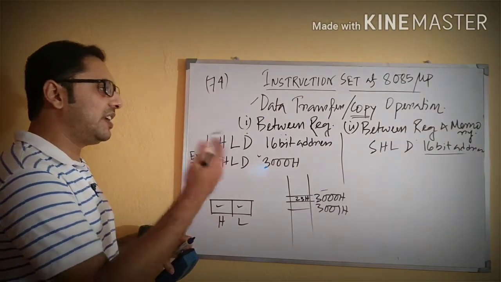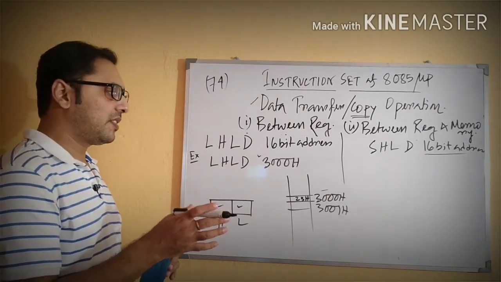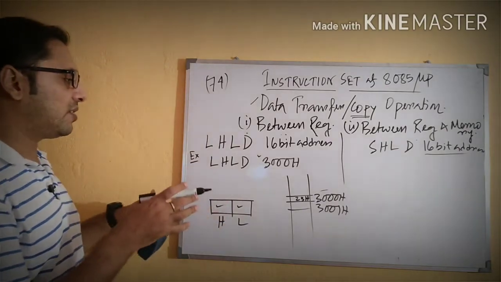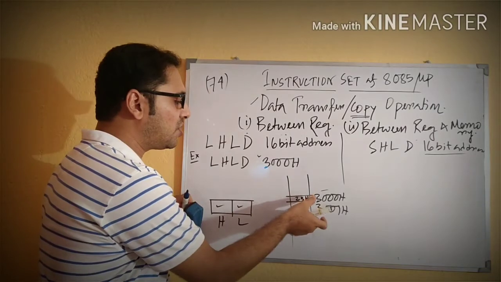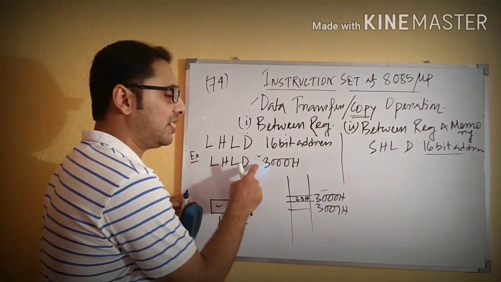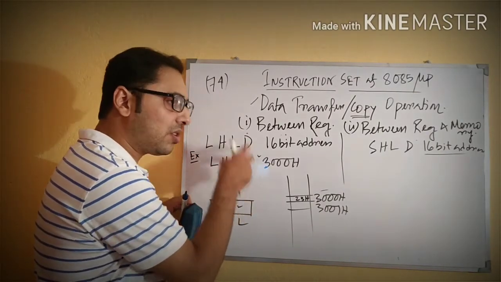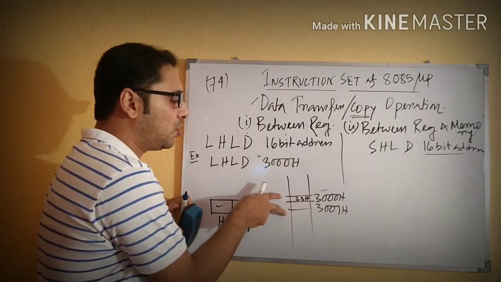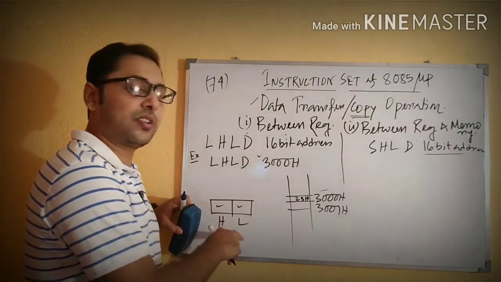In case of LHLD and SHLD, though the operand is a 16-bit address, the processor requires 2 consecutive memory locations starting from the one denoted by the instruction itself. From those 2 consecutive memory locations, it will get two 8-bit data, and those two 8-bit data will be copied into HL register pair.